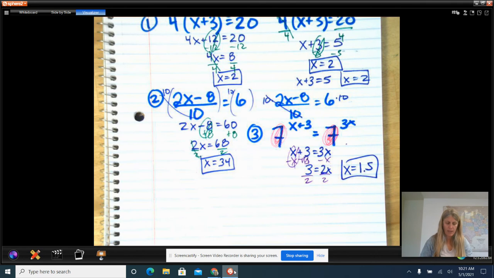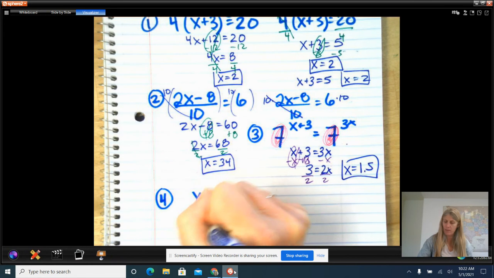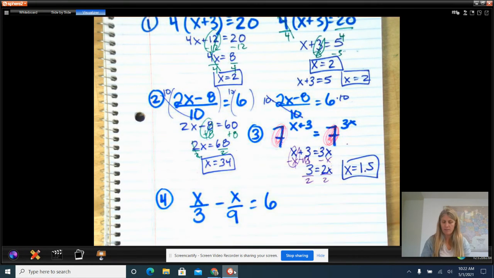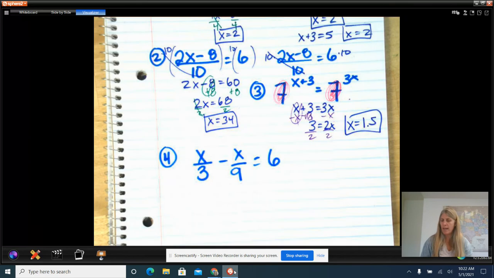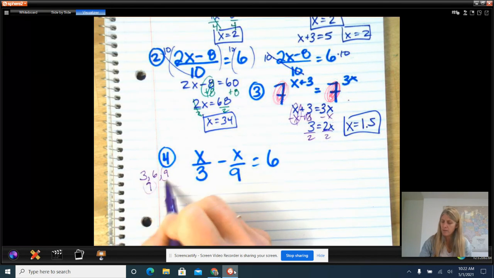Okay, let's look at one last problem, problem number 4. We have x divided by 3 minus x divided by 9 is equal to 6. We're going to do this one by rewriting, fraction busting. We're looking for multiples of 3 and 9, so that is going to be 9.